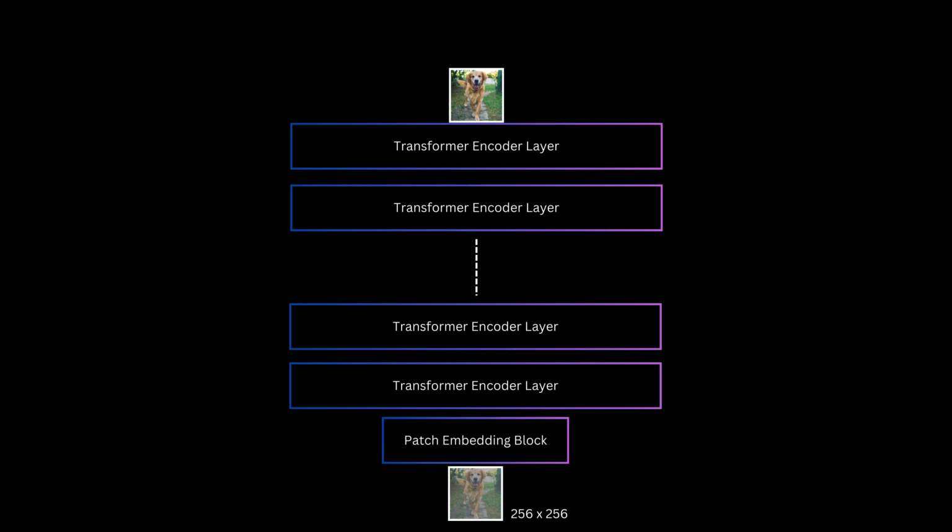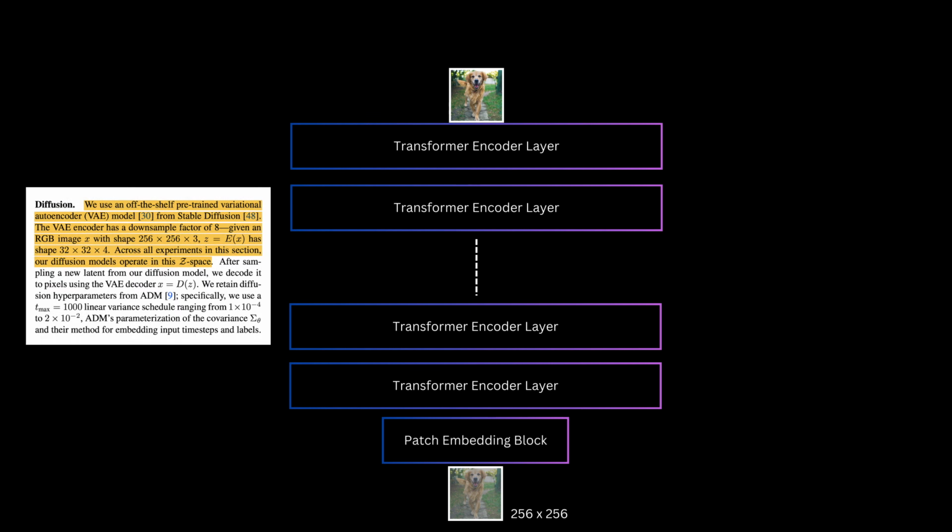Furthermore, rather than working in pixel space, the authors of DiT work in the latent space by encoding the images using a pre-trained autoencoder, specifically the same VAE that was used by authors of latent diffusion models, with a downscale factor of 8.